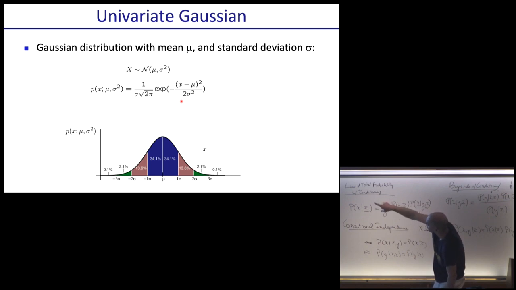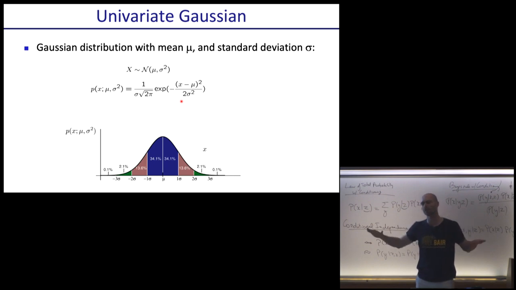If you start moving away from mu, the exponent becomes a more and more negative number, and the exp of that negative number will be a lower number, so the density drops. It's exponential, and exponentials drop very quickly. That's also why this nicely integrates to 1, because exponentials drop quickly enough. There's not a lot of probability mass out in the far away parts.